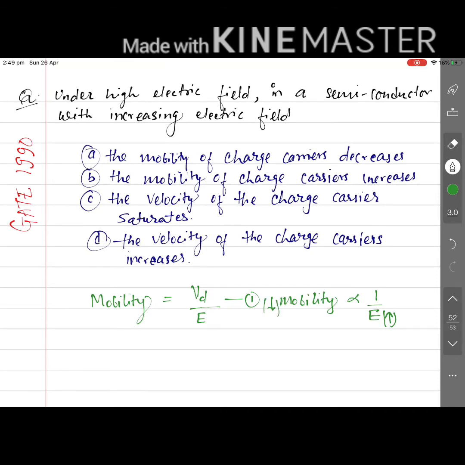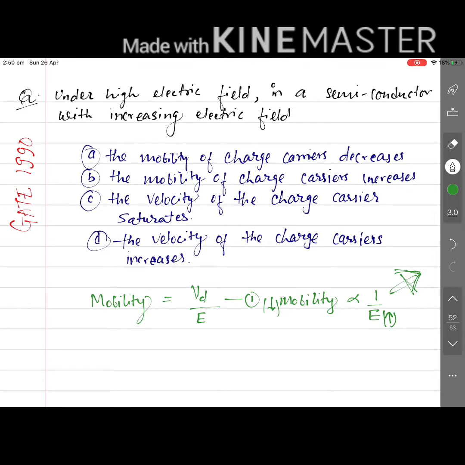So in this question we have been asked that under high electric field, so the electric field is increasing, so the mobility will decrease. So this is one conclusion that we got.